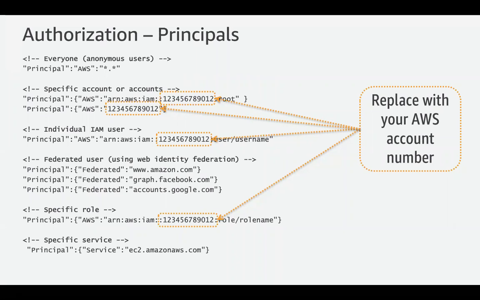Where they ask you to log in with your Google credentials. Okay, so that is also possible where you give the federation out here, right? Or you can give a specific role. Only a role belonging to this particular account can be the principal out here, or a specific service. Principal can also be a service where it can be the EC2 service, it can be the S3 service, it can be DynamoDB.